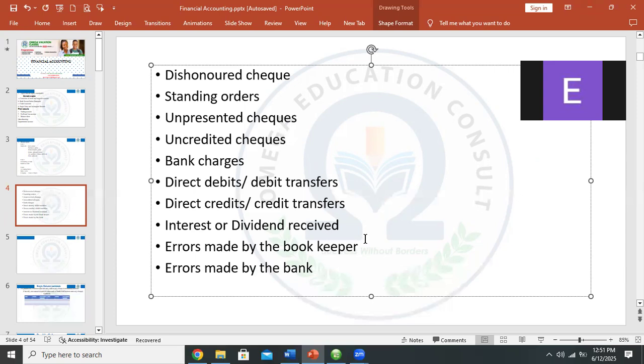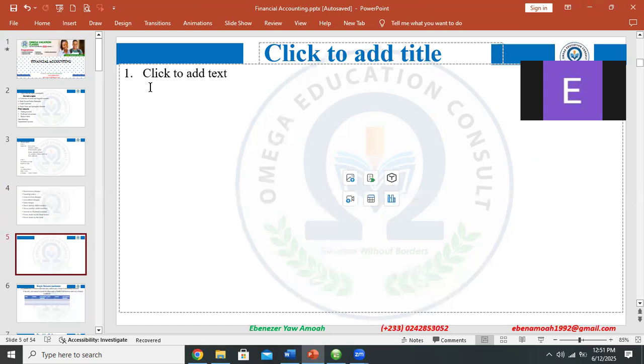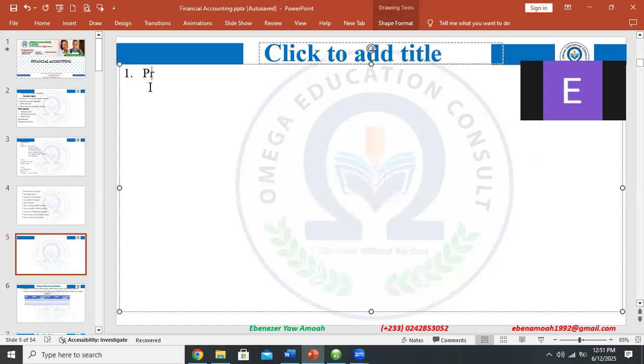You first prepare an adjusted cash book before you prepare the bank reconciliation statement. So you prepare an adjusted cash book and you prepare a reconciliation statement. These are the two things you do to reconcile the two balances, right?